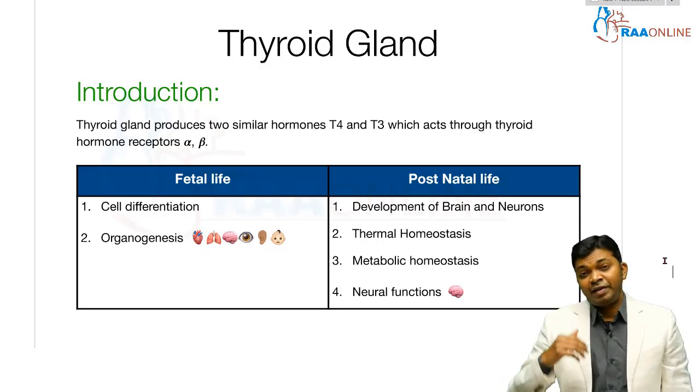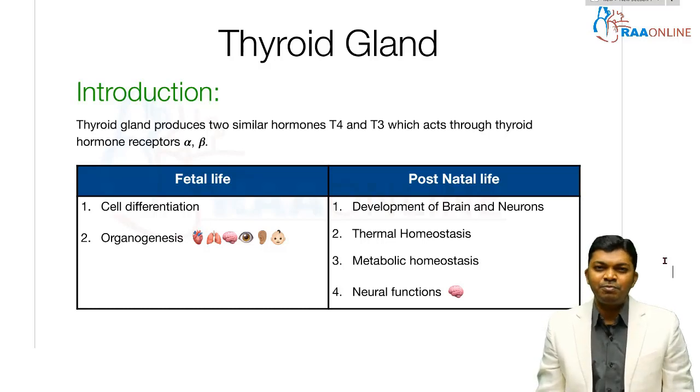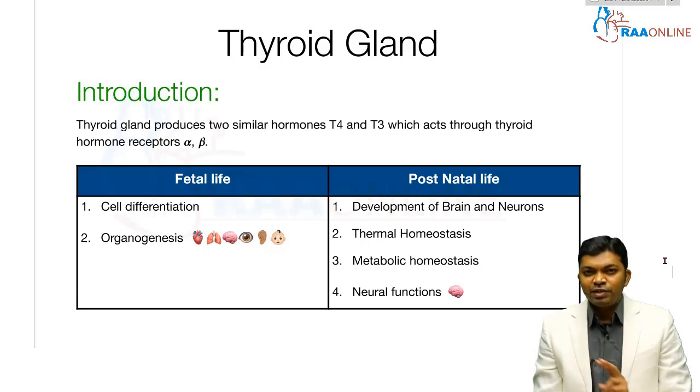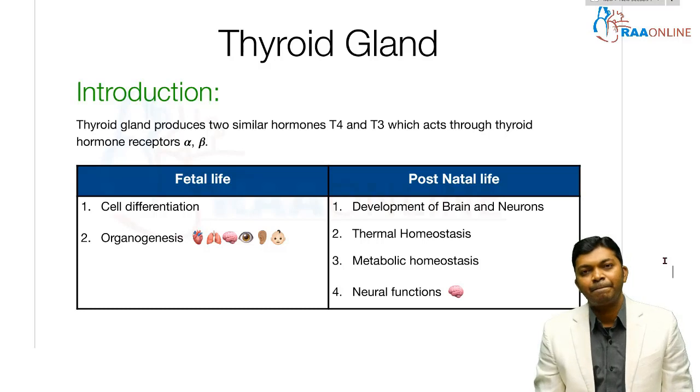Maybe in excess level the hormone does have its impact in health and diseases, but not at a normal physiological level, not to a greater extent. So what you need to know when you think of a thyroid gland, it produces two very significant hormones called T3 and T4, which has got very high physiological impact.